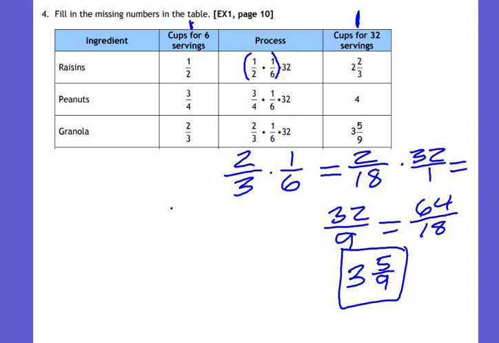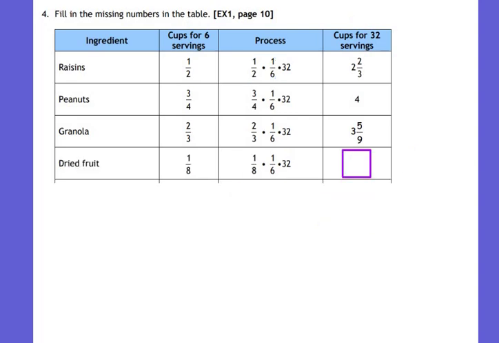Okay, what is the next ingredient we need to compute? Dried fruit. So I'm gonna find out how much that is for 1 serving. That gives me 1 over 48, right? And now I'm gonna multiply that times 32 over 1.